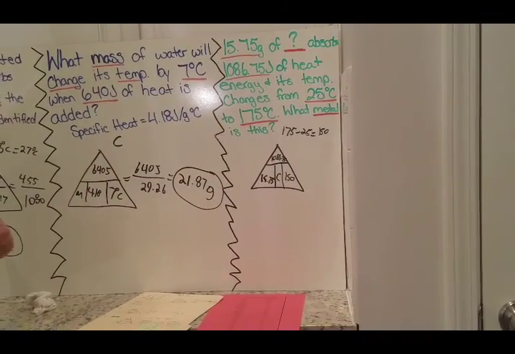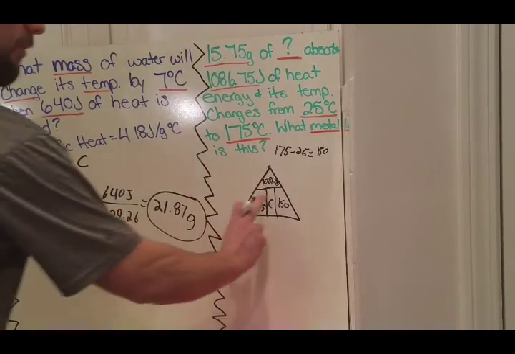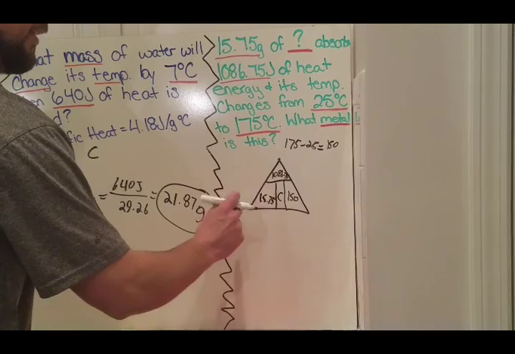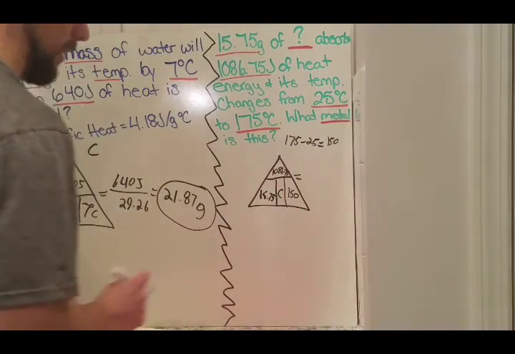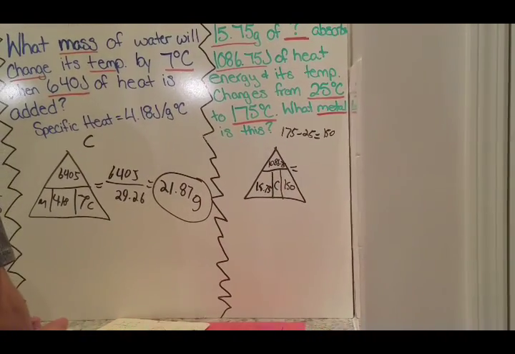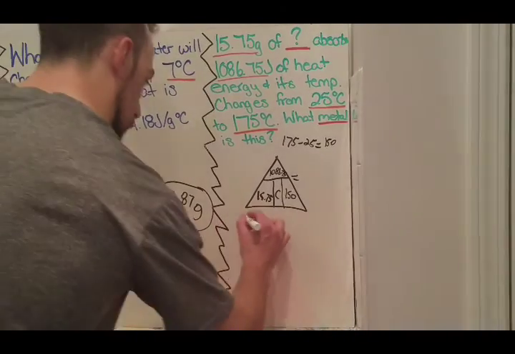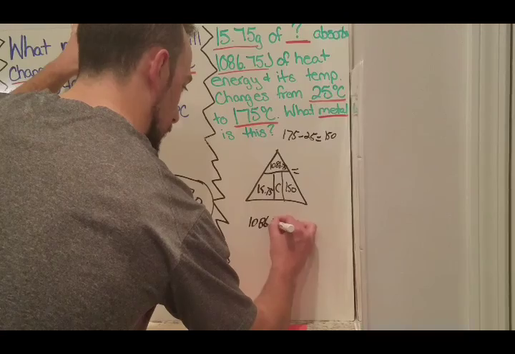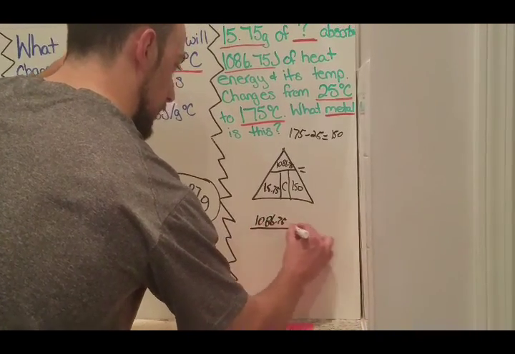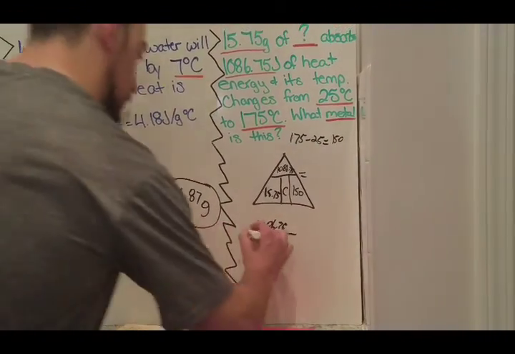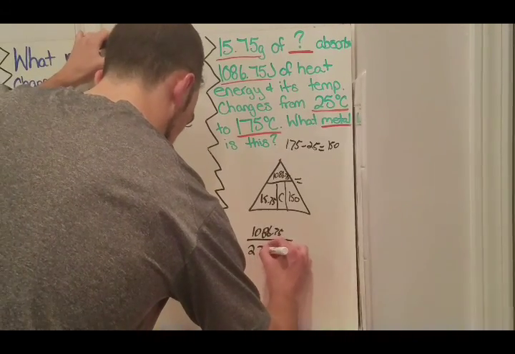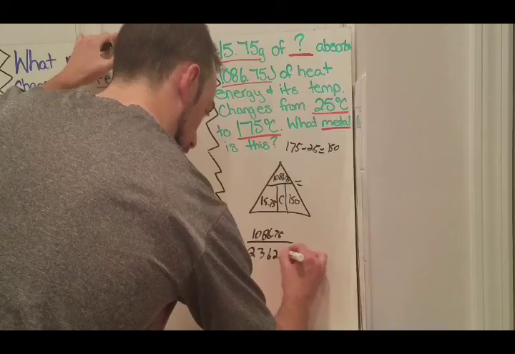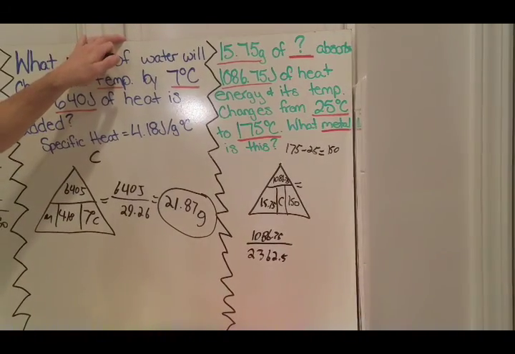Then you just do simple math, right? Cover up the C, and all we see is that this is going to multiply by this, and this is going to be divided by it. So when we do this problem, I'm going to write it down here a little bit bigger for y'all. What we get is 1,086.75, which is the same number as Q up top, divided by the multiplication of M and delta T, 2,362.5.